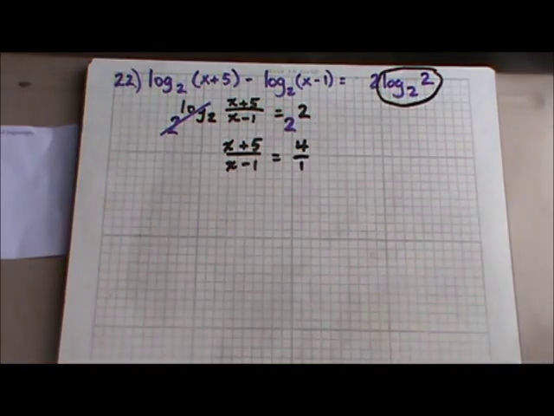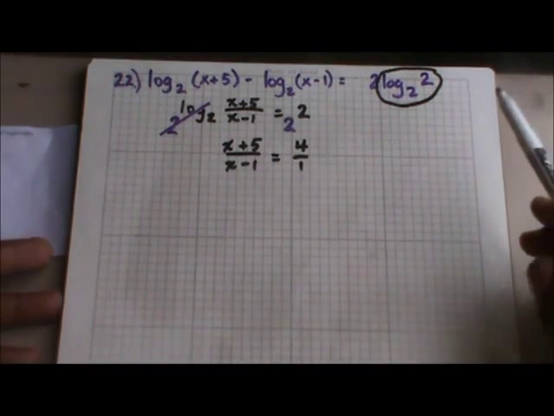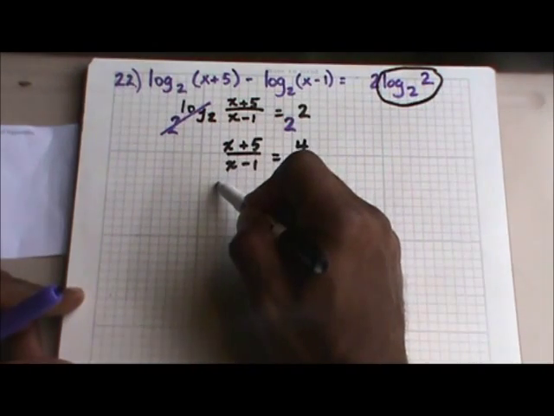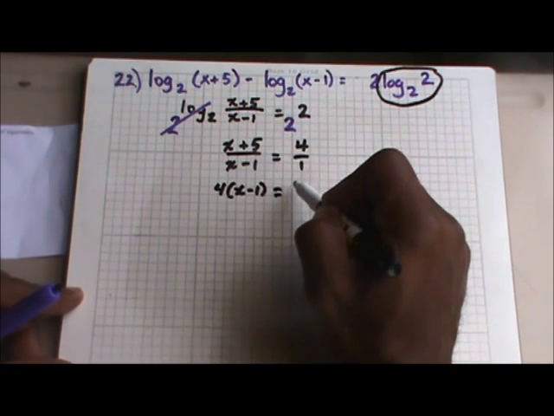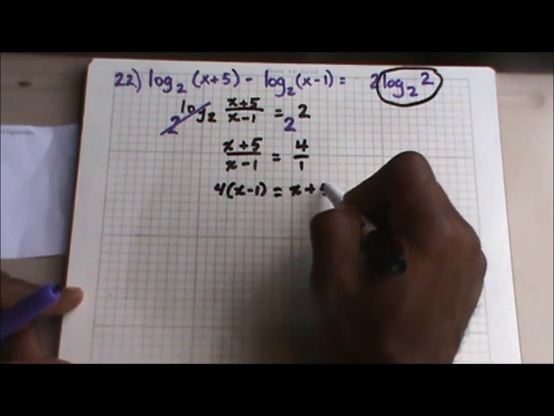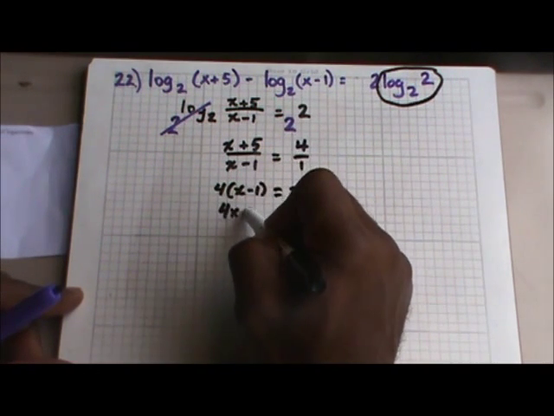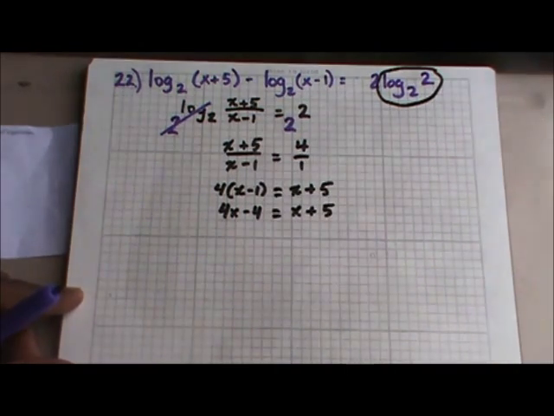Now, I just like to write it as 4 over 1 in this case. So we see something that is familiar to us, and we can solve. If we cross multiply that, then we end up with 4 times x minus 1 is equal to x plus 5. The distributive property will give us 4x minus 4 is equal to x plus 5.